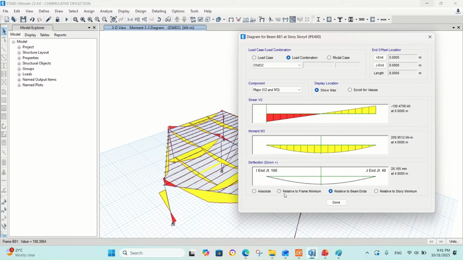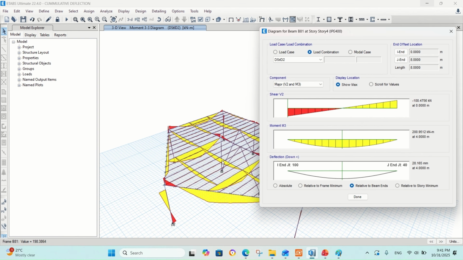We will see now that the deflection relative to the frame minimum will be close to this value, because at both ends it's connected approximately to the midspan of these beams, which are similar in length and stiffness. However, one of these beams is connected to the girder closer to the midspan, and the other one is connected closer to its end.